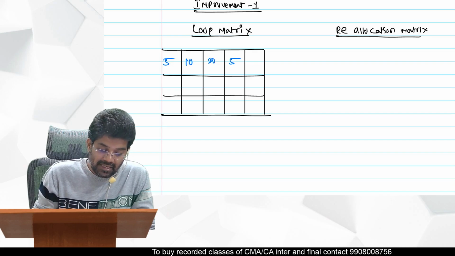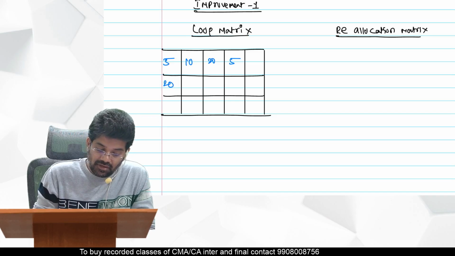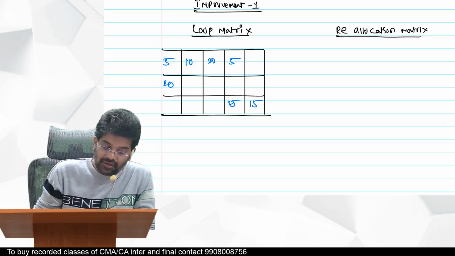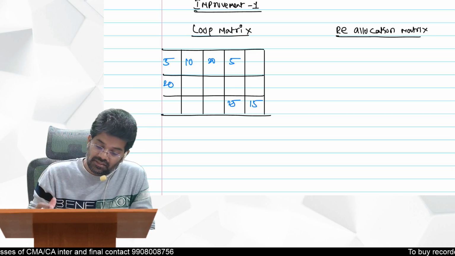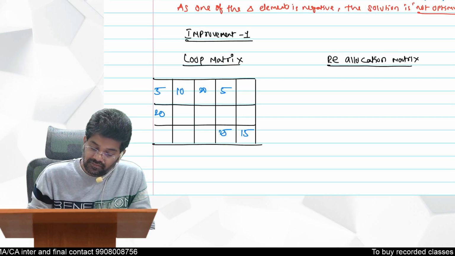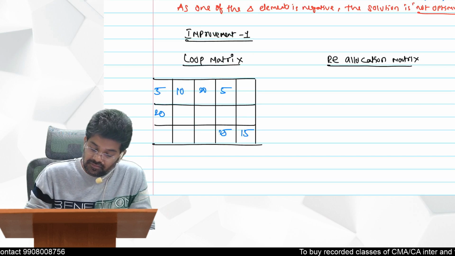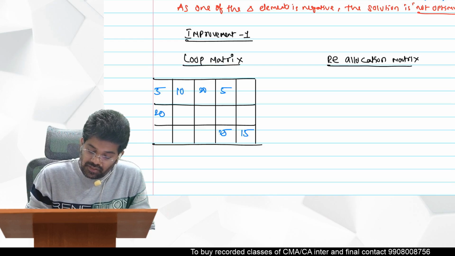Okay, then 20. Here also we have done allocation. Here 25, 15. Okay, now the step starts. Right, now let me copy this here also.